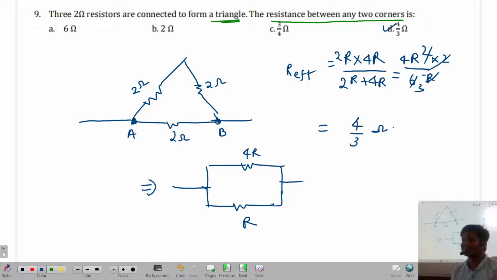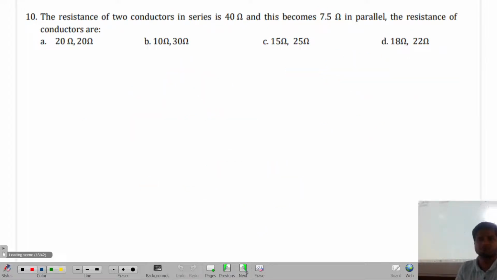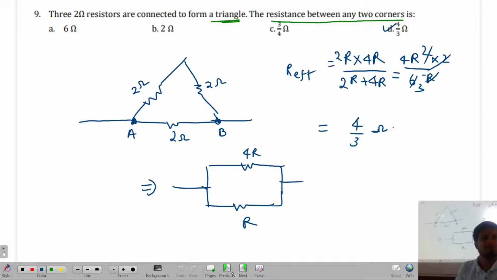Got it or not? Yes or no? Okay, grace marks. You got grace marks. No grace marks. Can I move ahead? Write it fast.